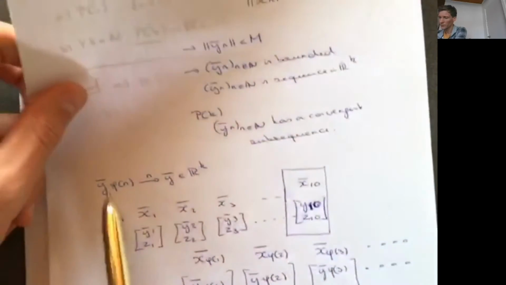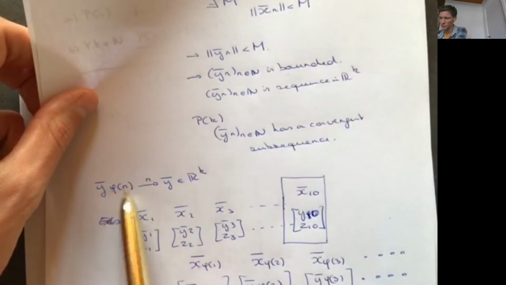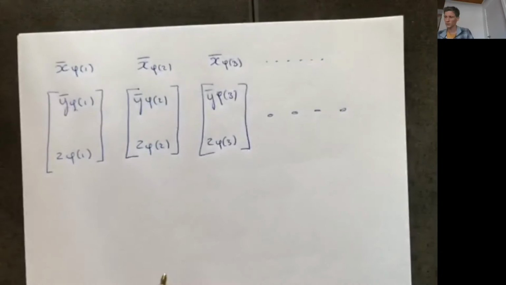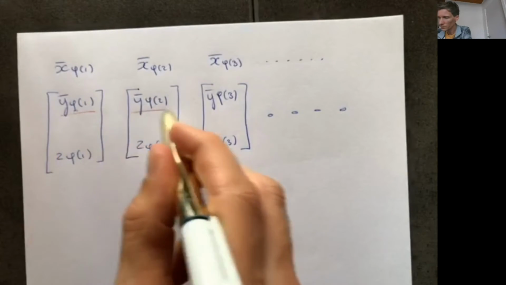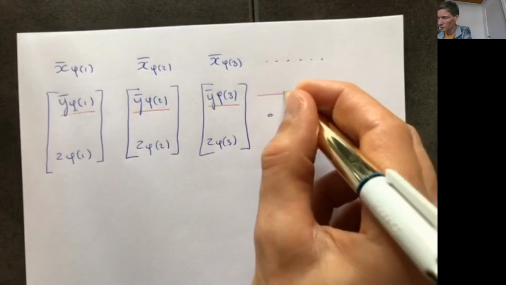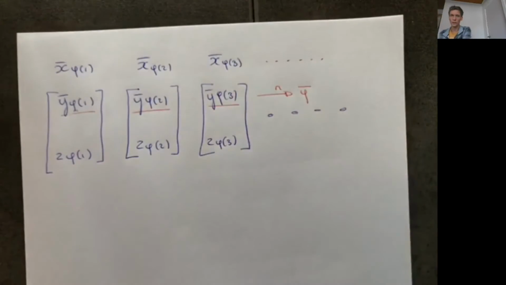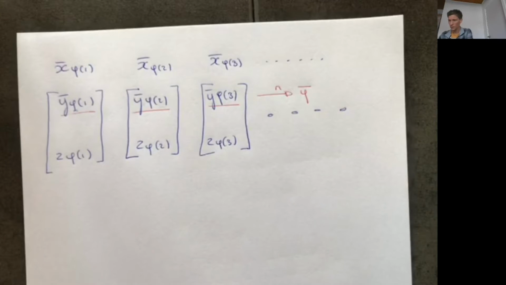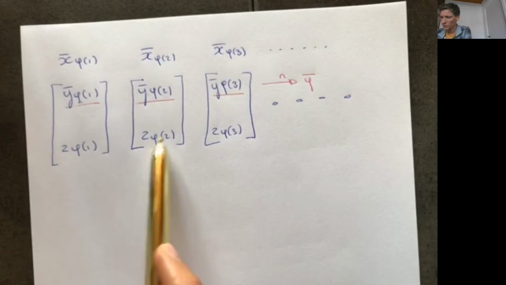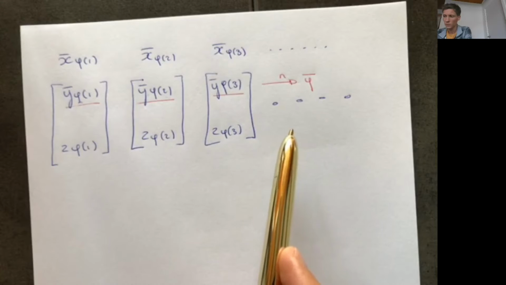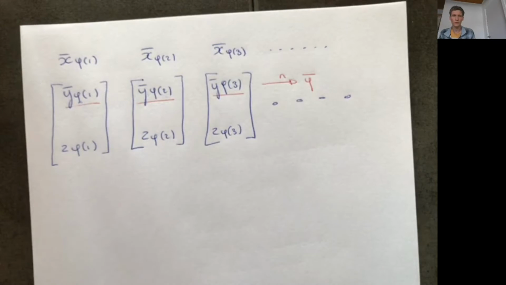We know that this sequence of vectors converges to a vector y. So what about this sequence of numbers? Well, you haven't said anything about convergence of this sequence.